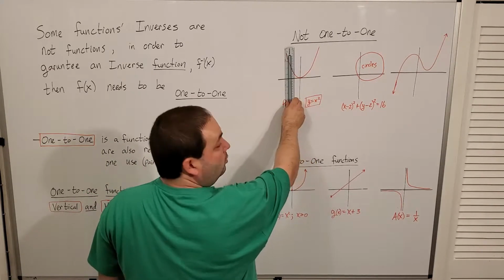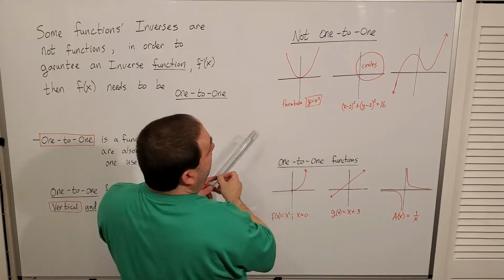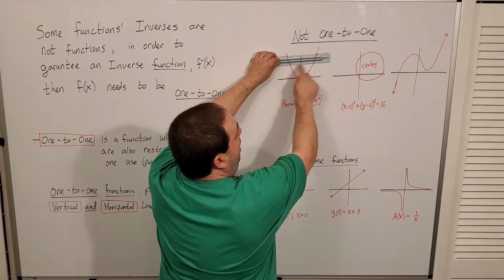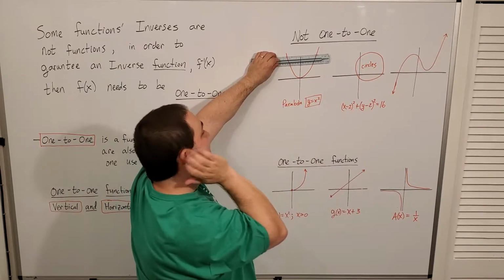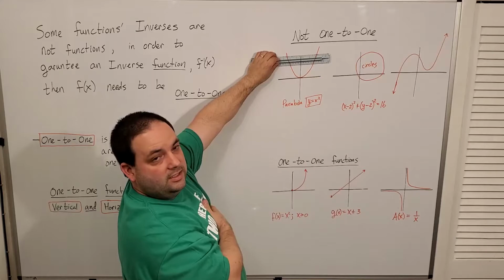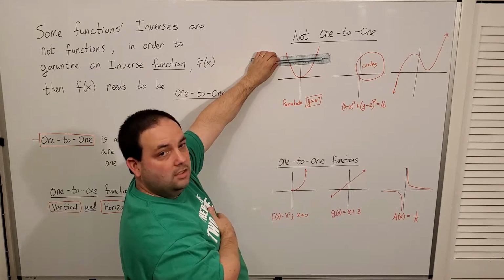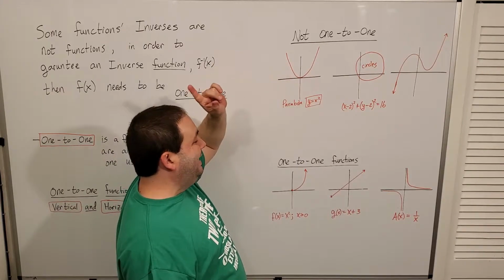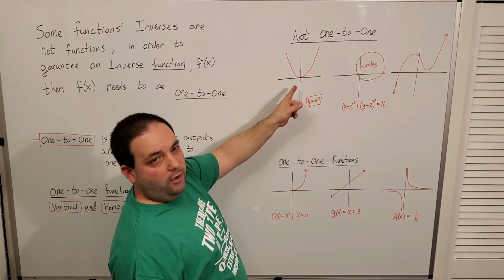Each vertical line only hits it one time, but one horizontal line hits it twice. So since a horizontal line hits it twice, it fails the horizontal line test. It is a function, but it is not a one-to-one function.